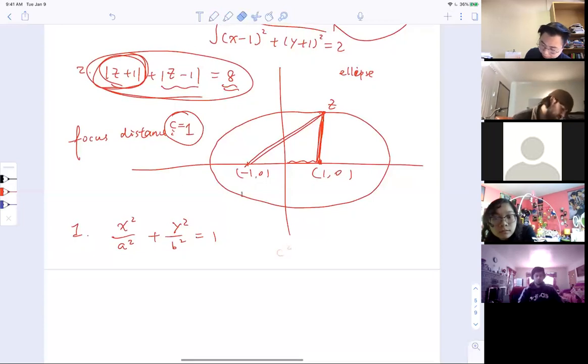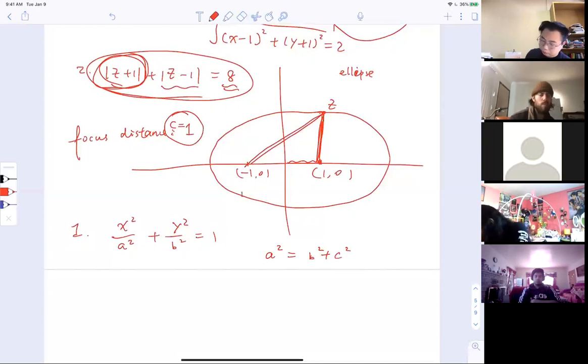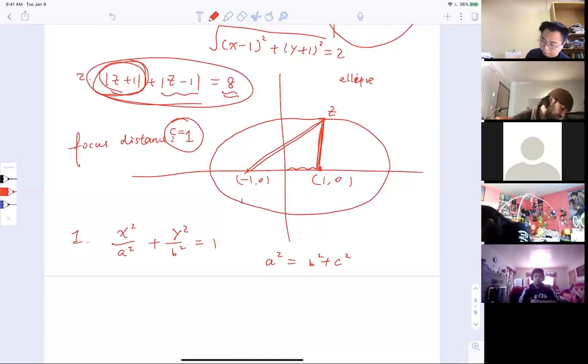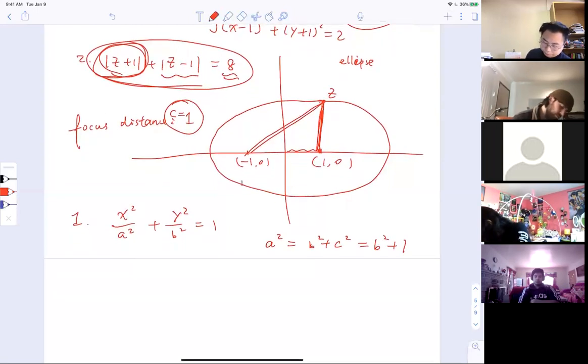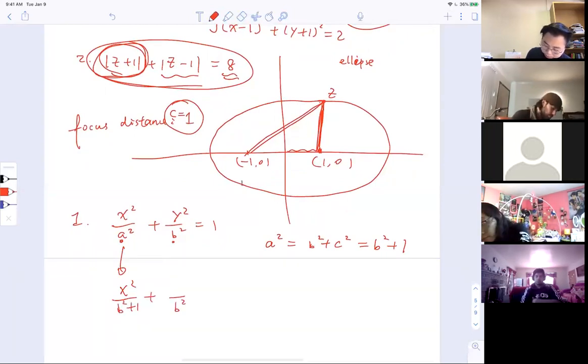There's an equation between a, b, c here. Basically a squared equals b squared plus c squared. This is one property of the ellipse, and this is b squared plus 1. So we can further simplify. Originally, there are two unknown parameters, a and b, now we have only one unknown parameter.